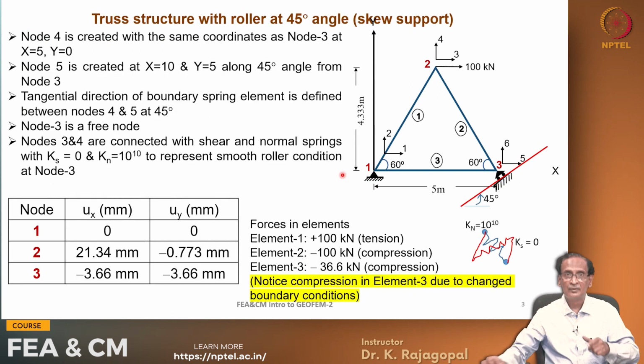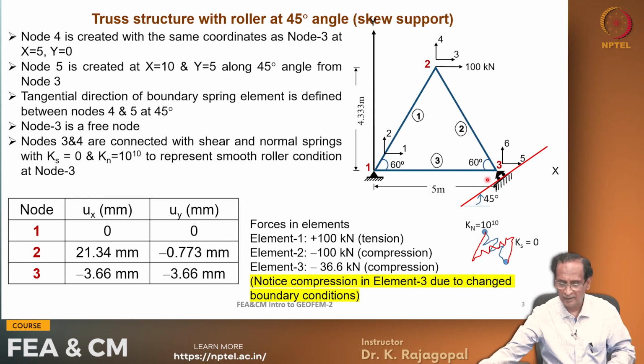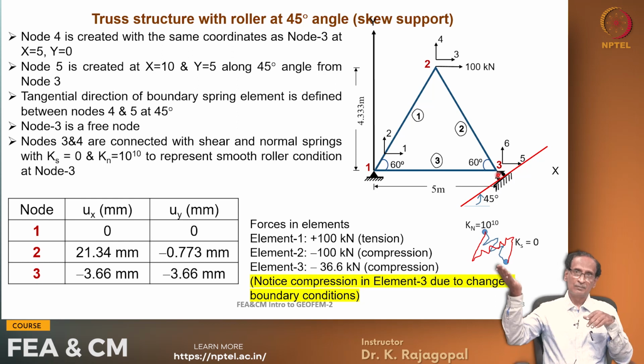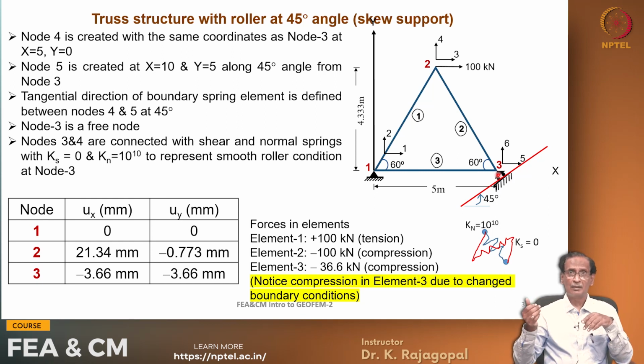But now we want to apply a boundary condition saying that you have a roller that is at an angle to the horizontal, at an angle to the x axis.